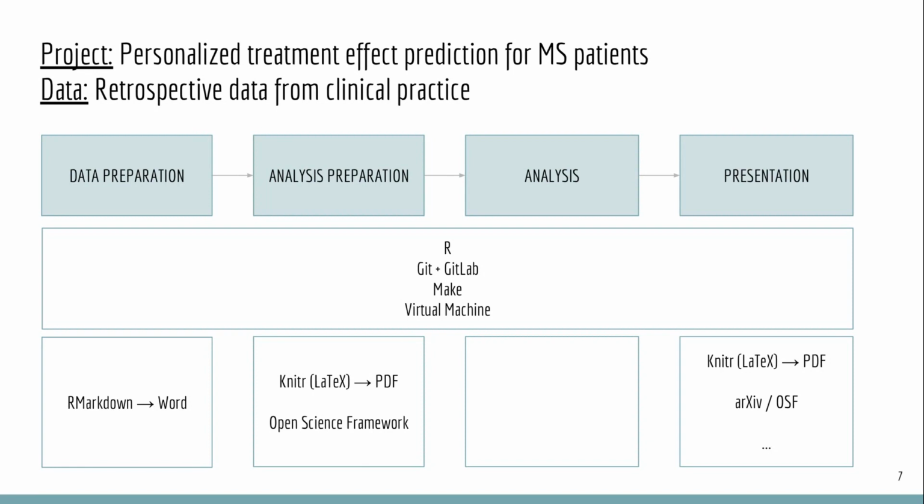So the patients come into the hospital, they get diagnosed, they get tests, they have treatments, and this data is collected within the hospital. And we want to use this now to figure out if there's maybe any signs that some treatments work better for some types of patients than for others.